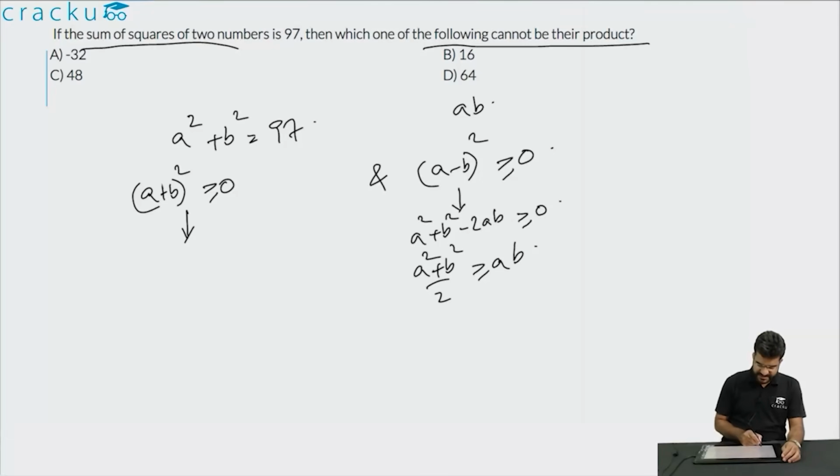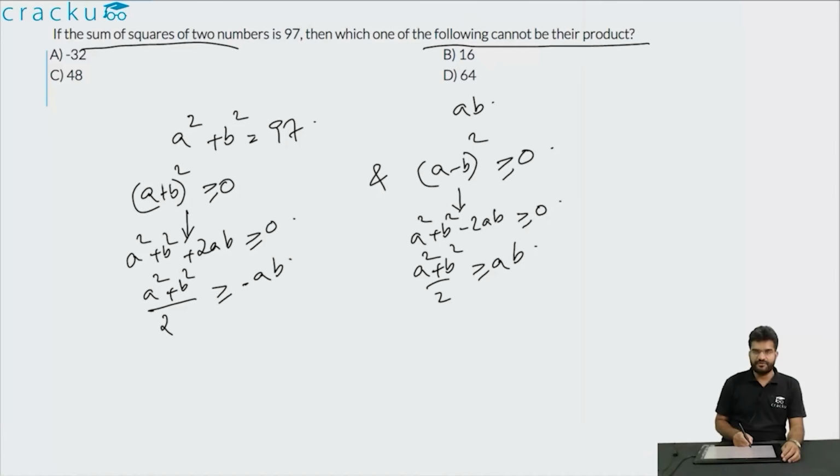Similarly, expanding this, you get that a square plus b square plus 2ab is greater than or equal to 0, or a square plus b square by 2 is greater than or equal to minus ab. Now because you want to find out the values for ab, you multiply both sides of the inequality by minus 1, and as minus 1 is less than 0, the sign of the inequality will change. So minus of a square plus b square by 2 is less than or equal to ab.